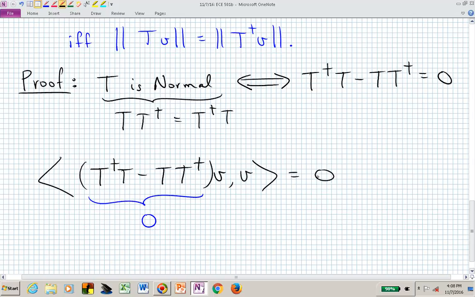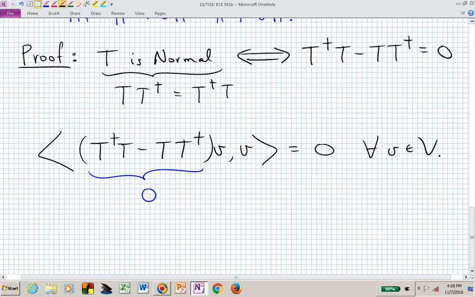We know that's going to give us a scalar zero, a zero scalar. And that's true for all vectors in our underlying vector space. Since if T is normal, then we can make this conclusion. Because if T is normal, then we know that T dagger T minus T T dagger is the zero operator, and the zero vector inner product with any vector is giving us zero. That's one of our results.